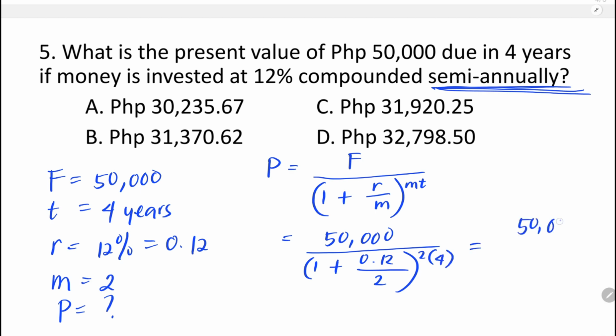So 50,000 over 1 plus 0.12 over 2 is equal to 0.06 raised to 2 times 4. This is 8. So, kung i-divide natin yan, ang magiging sagot dyan is 31,370.62. Our answer is letter B.